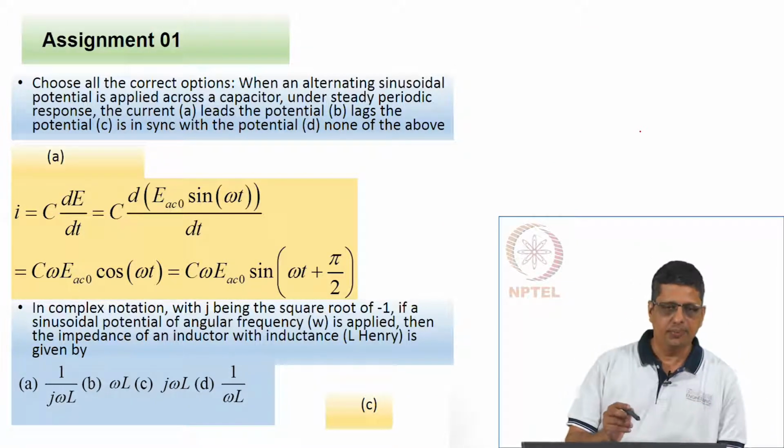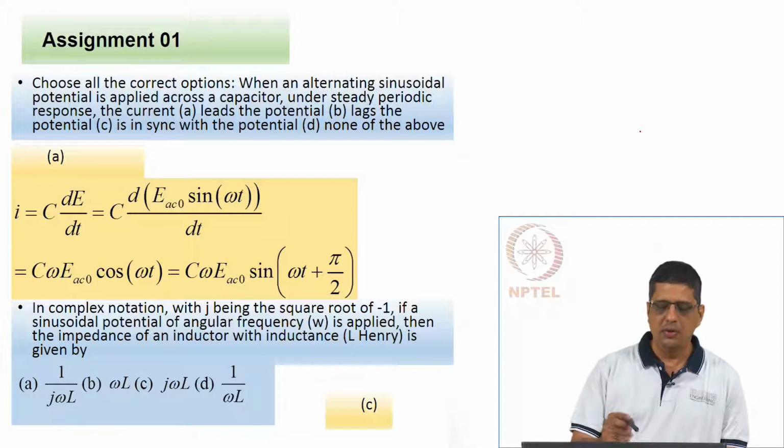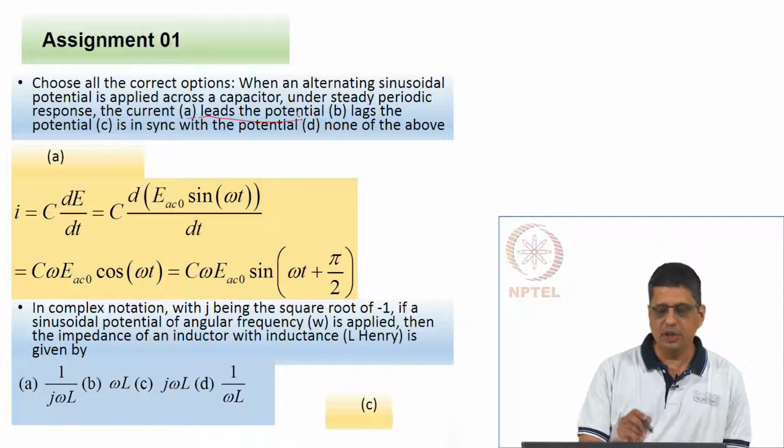The next question is, in the capacitor, when you apply sinusoidal potential, you wait for some time, you will get steady periodic response for current. In that case, what is the phase difference between the current and the potential? The current leads the potential or lags the potential.